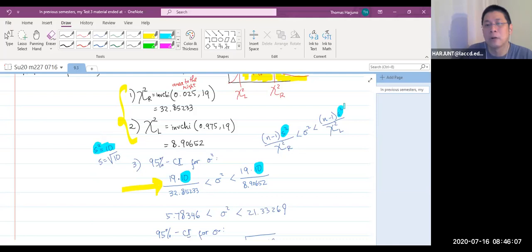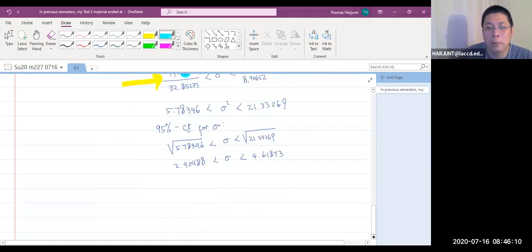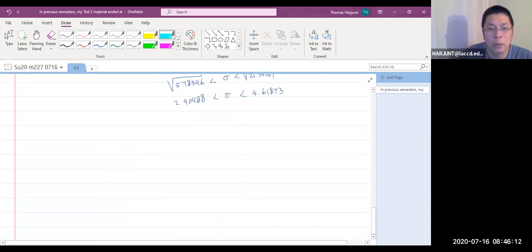Okay, now I think we are ready with a problem from our textbook. Let me open our textbook. You know what? I'll just do one problem right away.